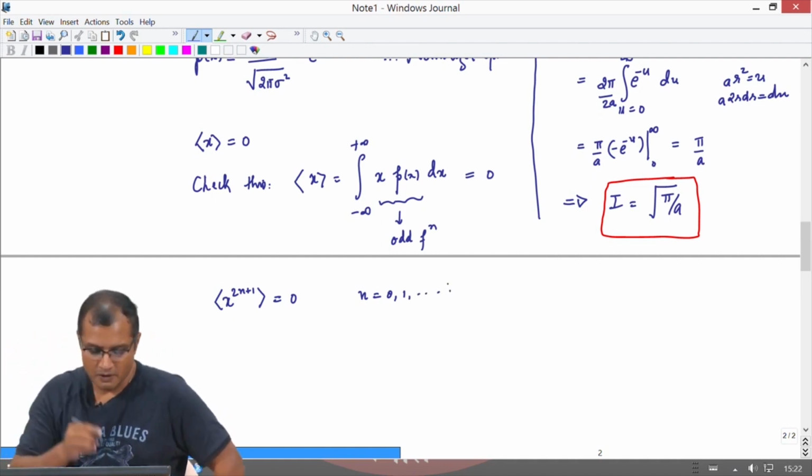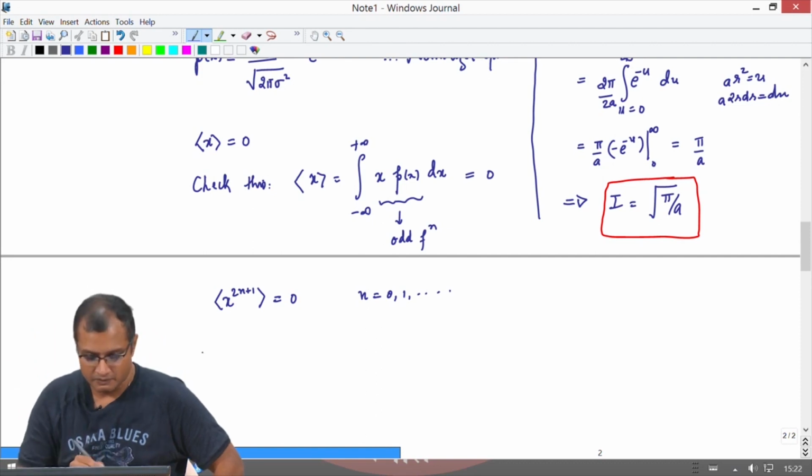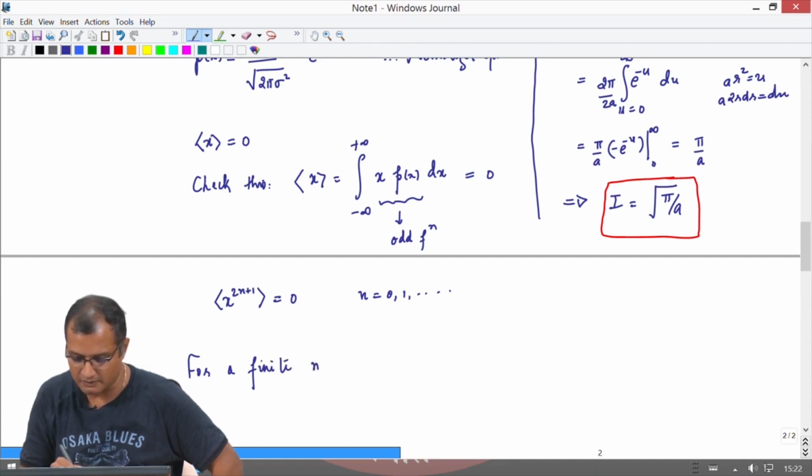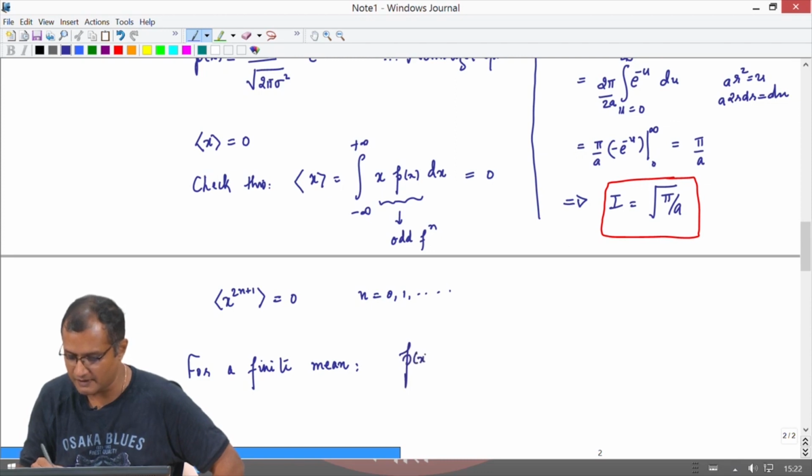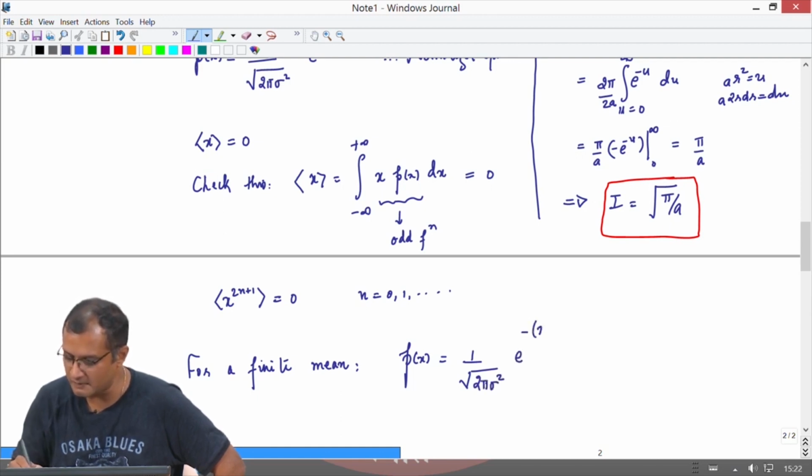But we can also write down a Gaussian distribution with finite mean. Okay. So, for a finite mean you can rewrite the Gaussian distribution as p of x equals, everything remains the same, it is just that you accommodate for a finite mean as x minus lambda to the power 2 upon twice sigma square.